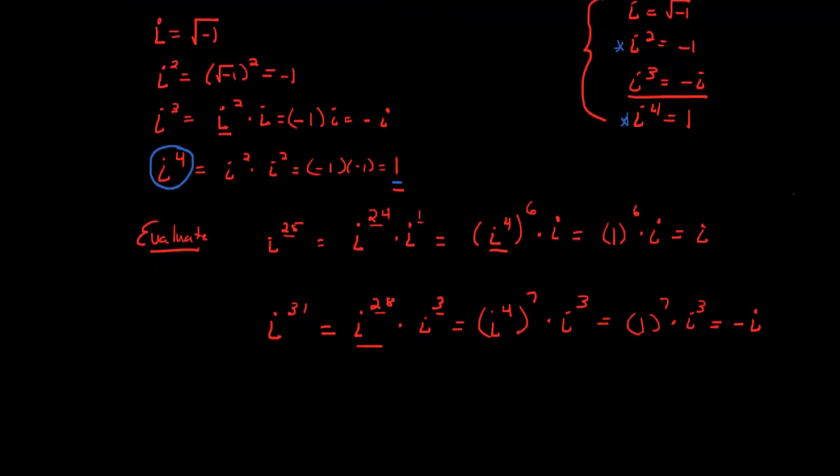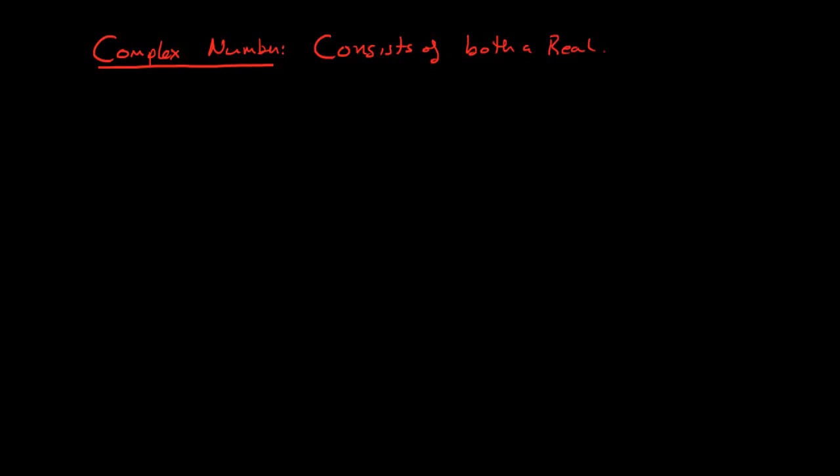So we're going to talk about something called the complex number, or complex numbers. A complex number is not as complex as they make it sound to be. A complex number consists of both a real part and an imaginary value.